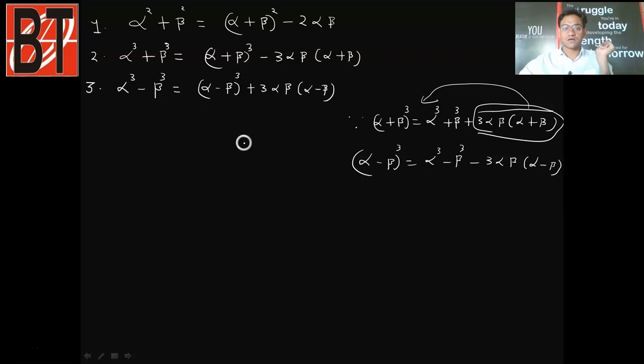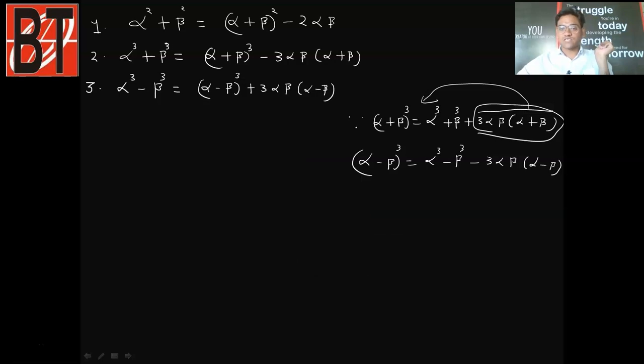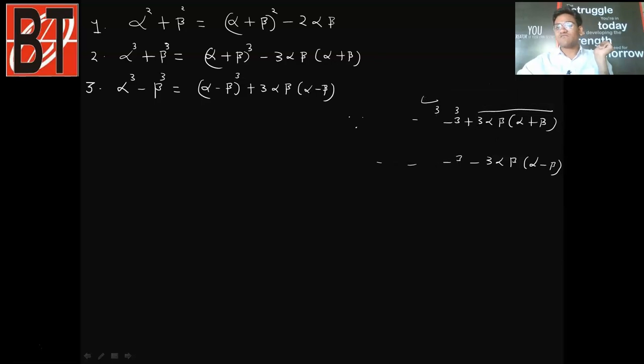Students, let me give you the expression for alpha minus beta. How will we calculate alpha minus beta if I have been given alpha plus beta and alpha beta? We can calculate alpha minus beta also, using the identities.